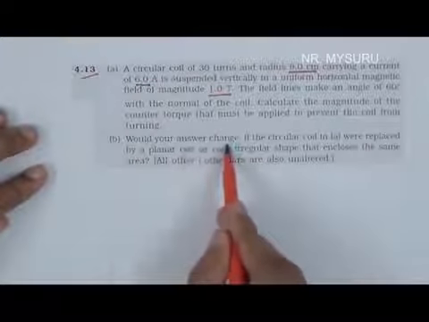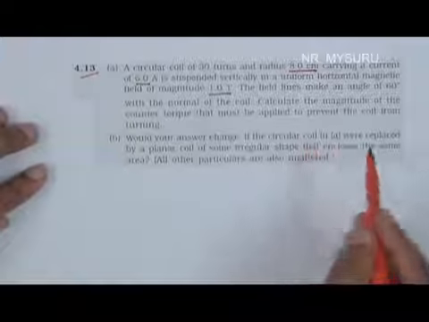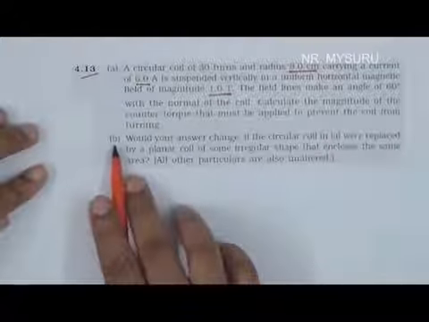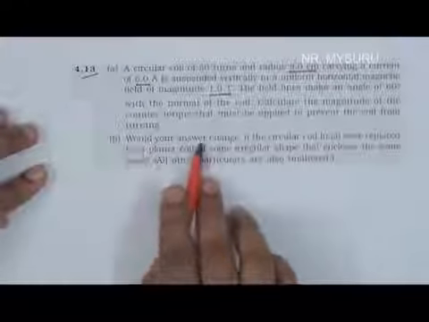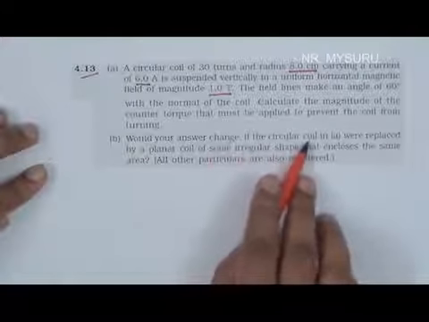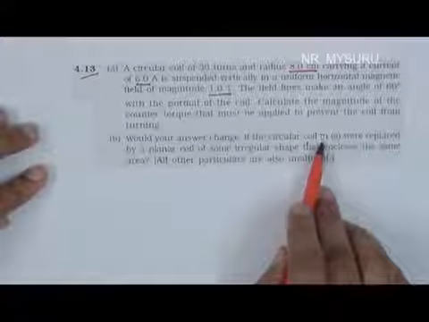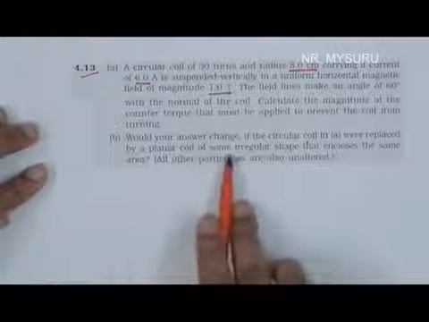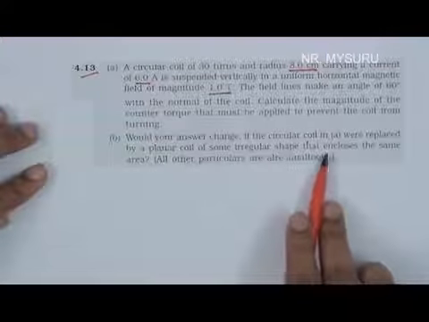Now second part of the problem. Would your answer change if the circular coil in A were replaced by a planar coil of some irregular shape that encloses the same area?